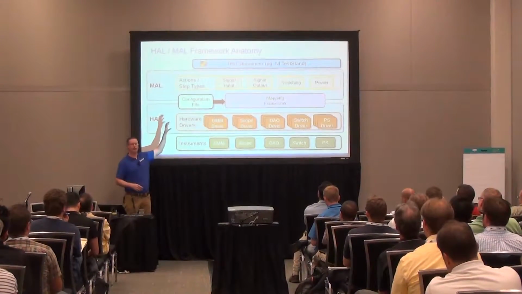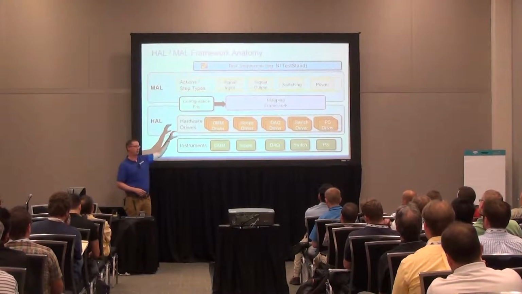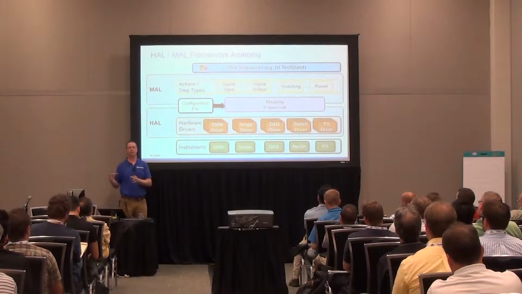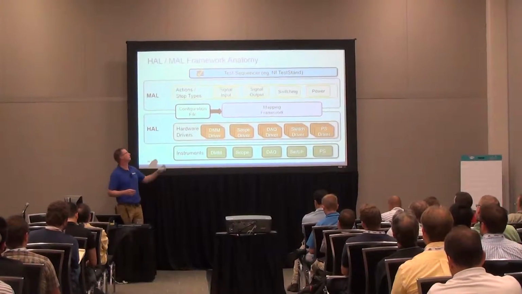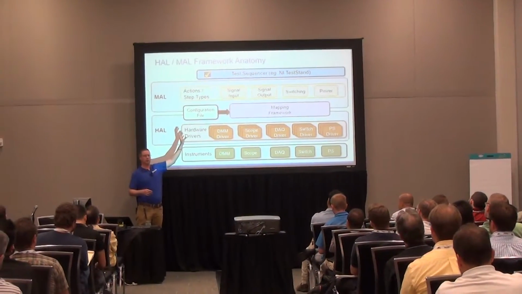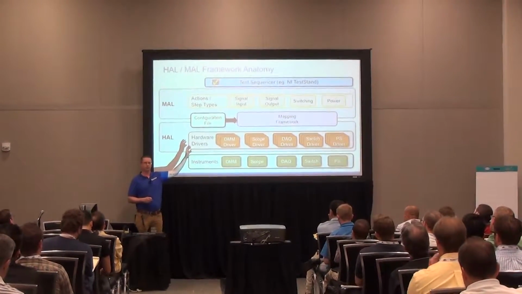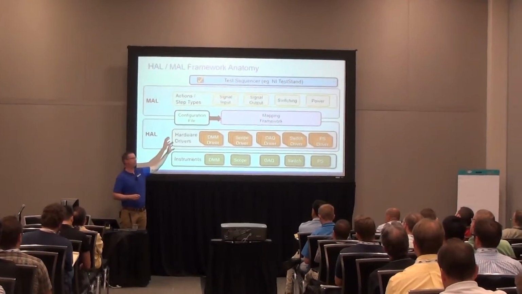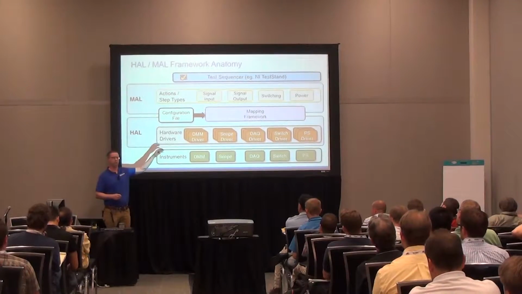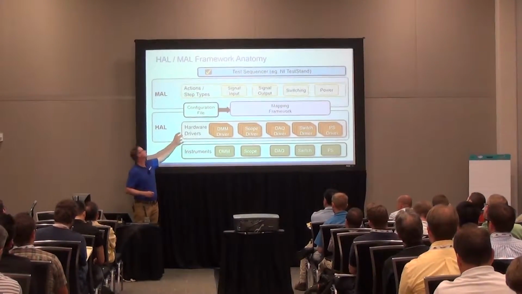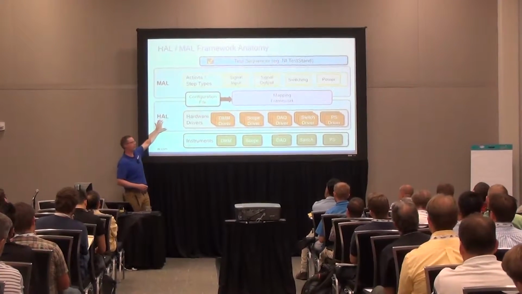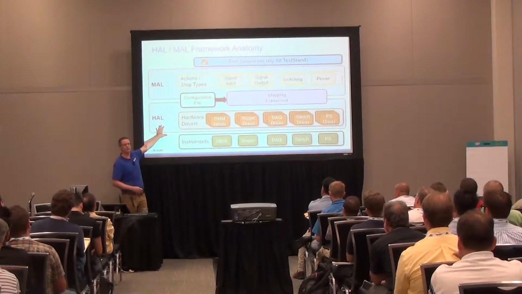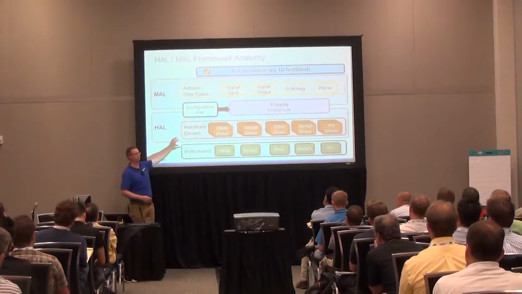These actions now talk down to a mapping framework. That mapping framework combines information from a configuration file that says, based off of a signal input type, there are certain parameters associated with that type, and I need to map those down to a particular set of abstracted drivers. The MAL, measurement abstraction layer, defines those actions, and the HAL, the hardware abstraction layer, defines what a particular type of instrument must do.